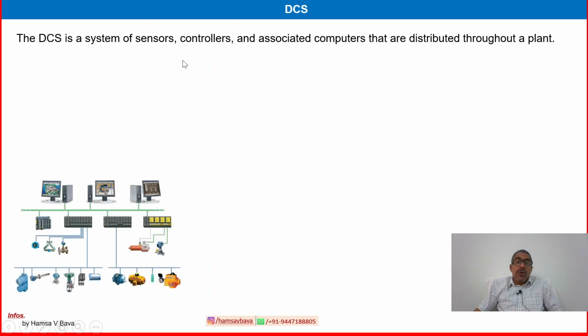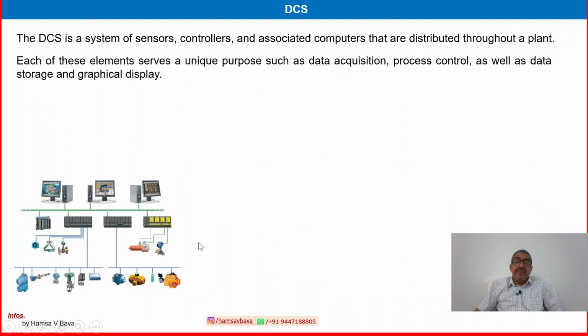Controllers mainly means programmable logic controllers, or PLCs, along with communication bus, communication links, and computers. So many instruments and control system software are included in DCS.